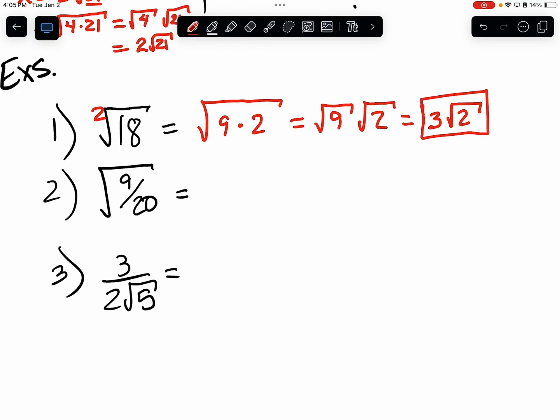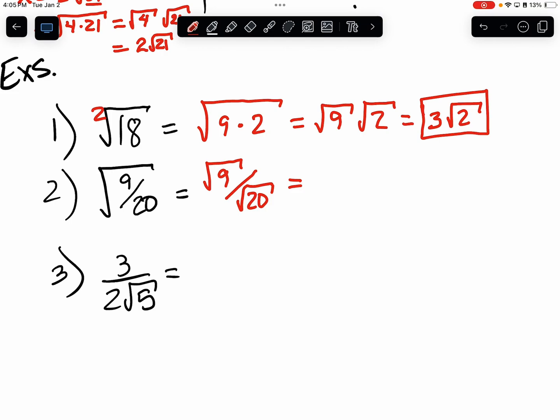So, example 2. This is a case where we have a ratio inside of a radical. A lot of different strategies here. I think the best strategy is just break it up into 2 separate problems. And I would say that's kind of the general strategy for all radical problems.